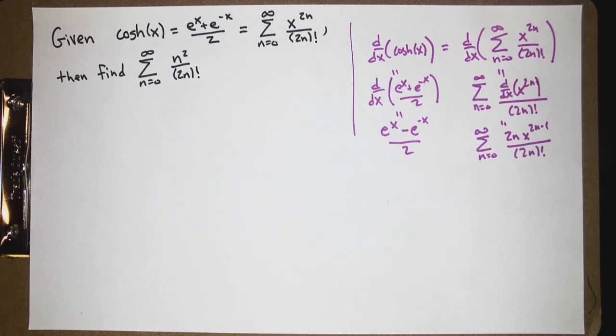That's close. But is it close enough? Not yet. But we're making progress. We have an n. What do we want to get to? N squared. All right, so how do we get to n squared?